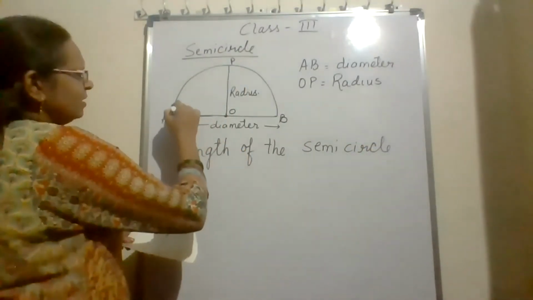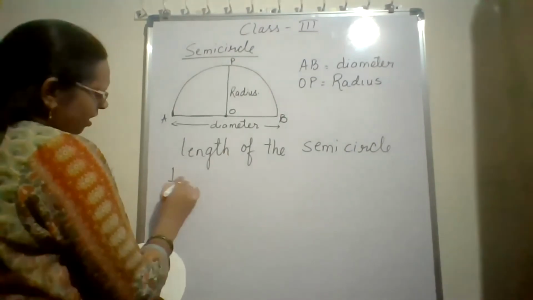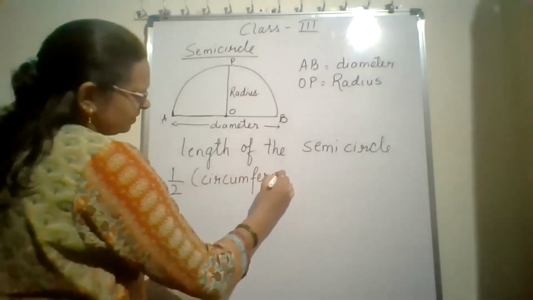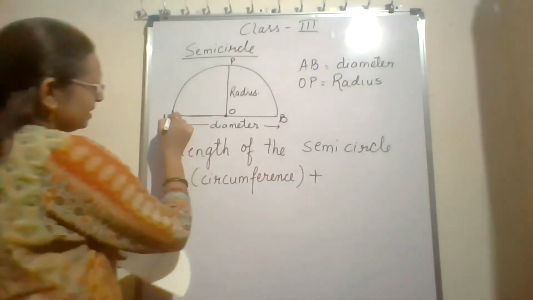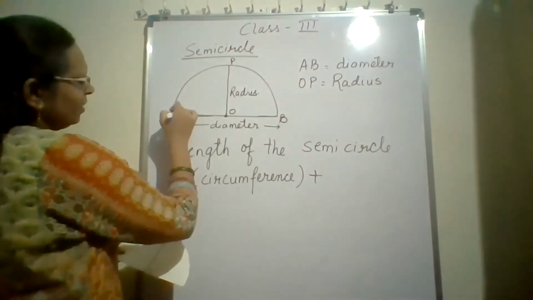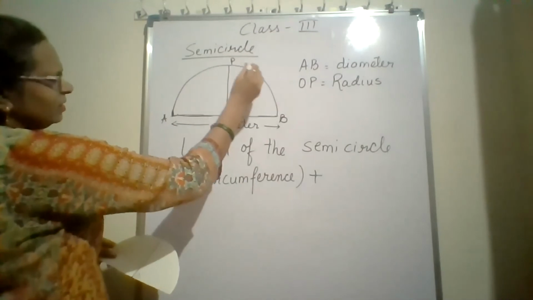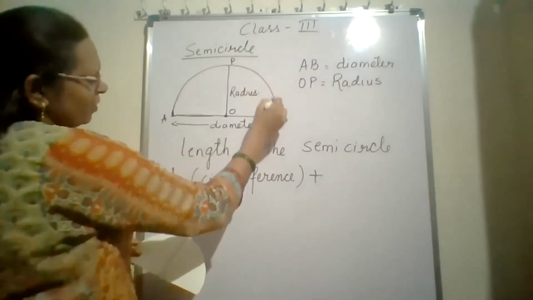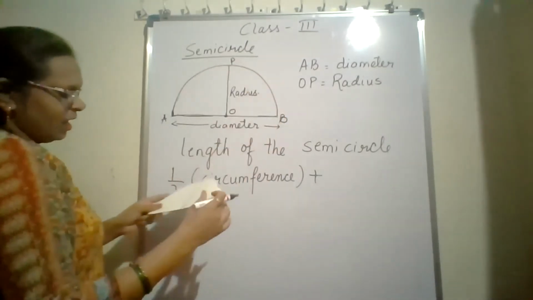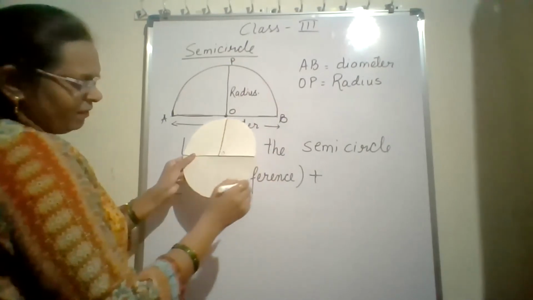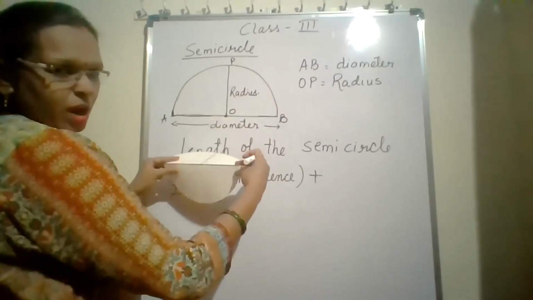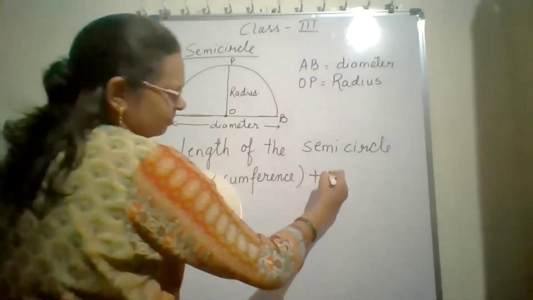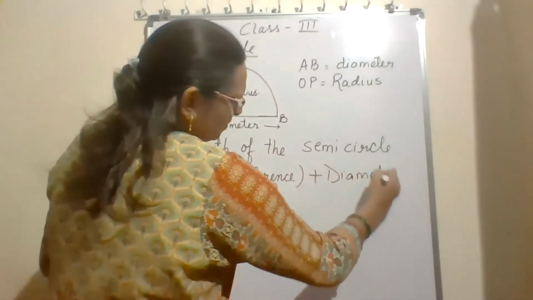It is half of the circumference of the circle plus the diameter. If you run along this arc, you will come here and then move along this straight path.